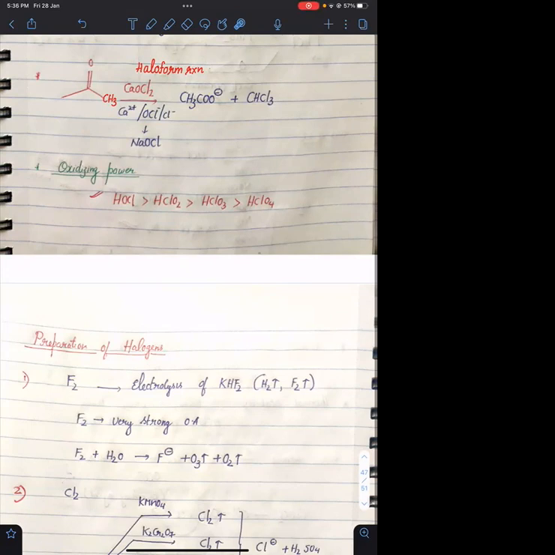Whenever there is liberation of H2, it can be treated as a reducing agent. If it is a strong acid, इसके अंदर से H positive आएगा, and H positive can accept electrons, which will give you H2. That H2 will be acting as reducing agent.